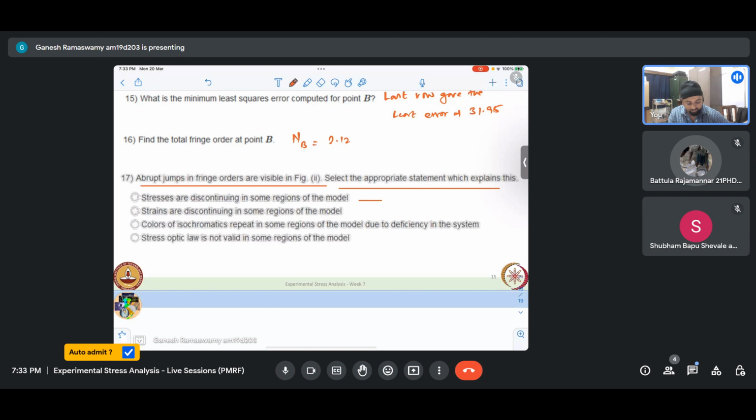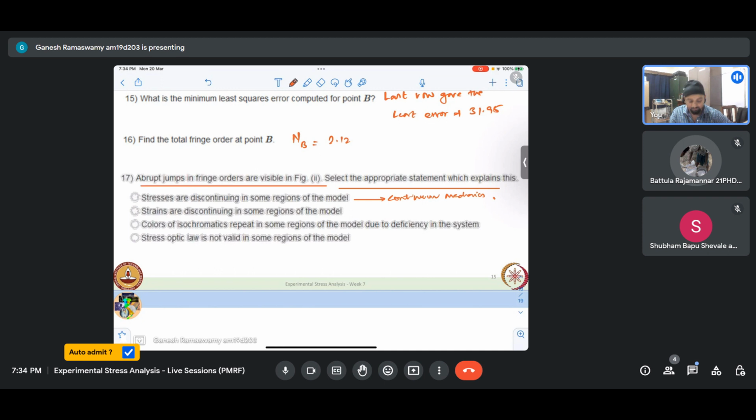Since we are studying continuum mechanics, we cannot have abrupt jumps. Even if there is a geometrical discontinuity, the stresses at the far field will adjust itself so that it builds up a continuous variation towards the singularity. So there cannot be jumps in stresses.